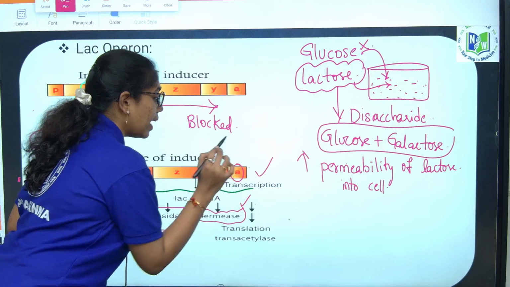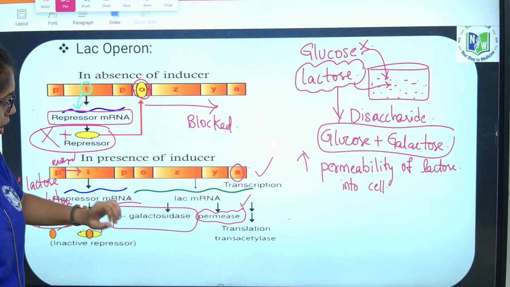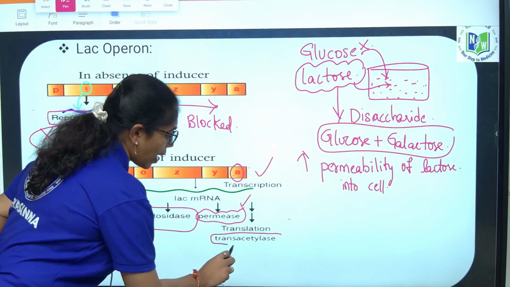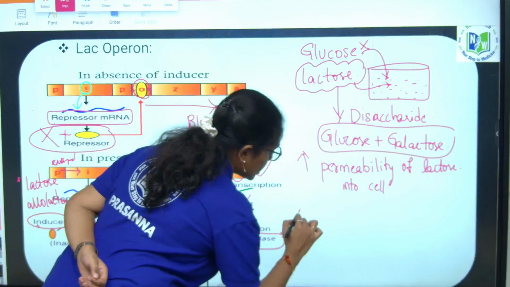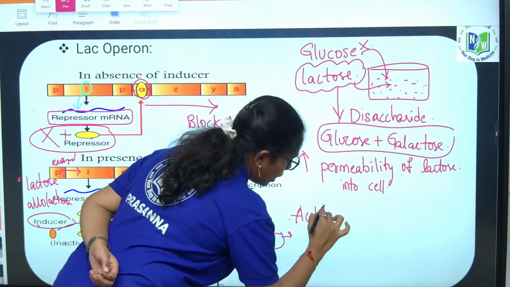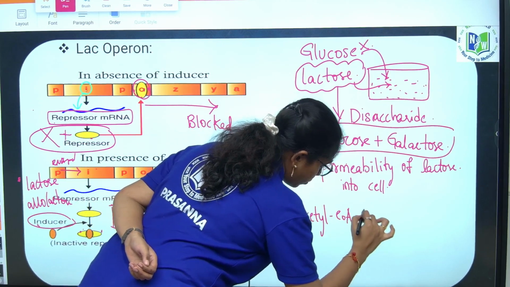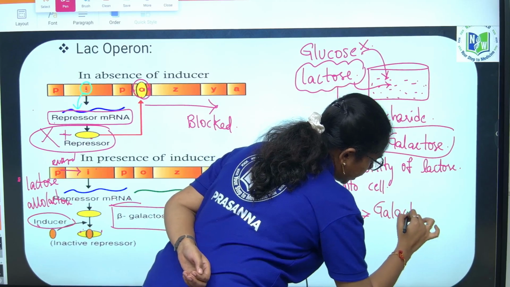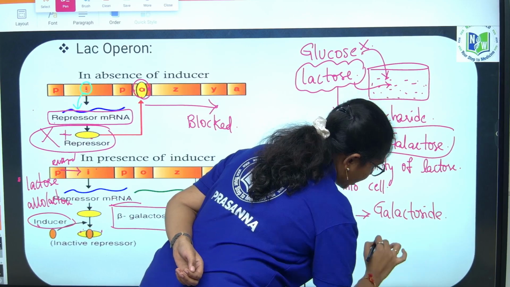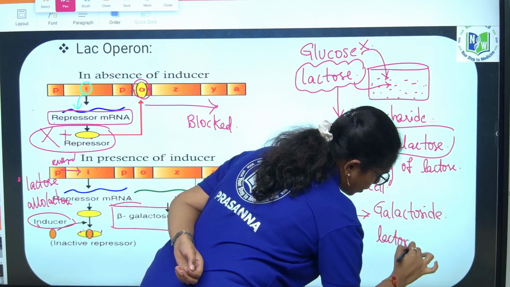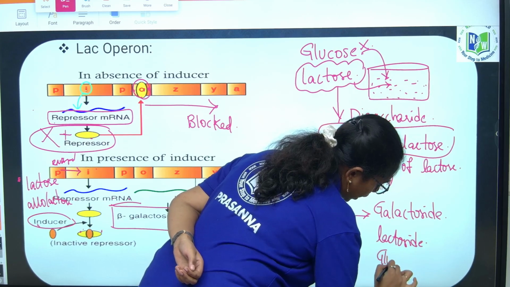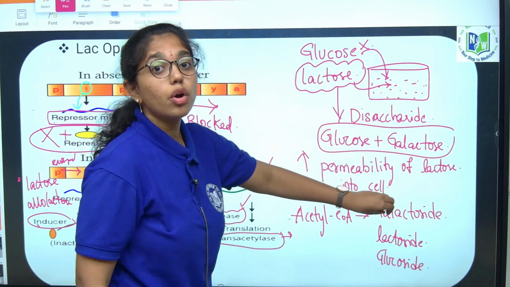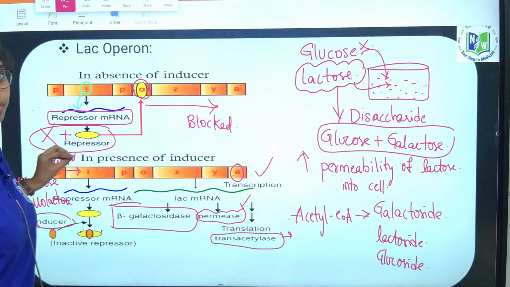And lastly, the A gene. This is the third structural gene. A gene is coding for what? Trans-acetylase. Trans-acetylase will add an acetyl-CoA group to galactoside or lactoside or glucoside, so that these sugars will not re-enter the path of gene expression.